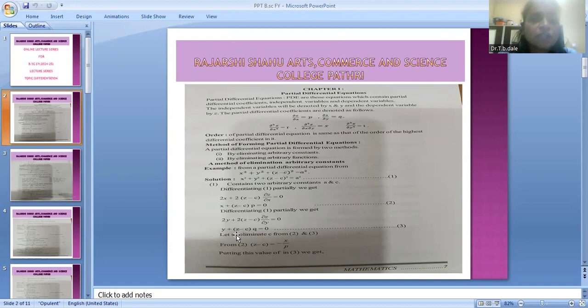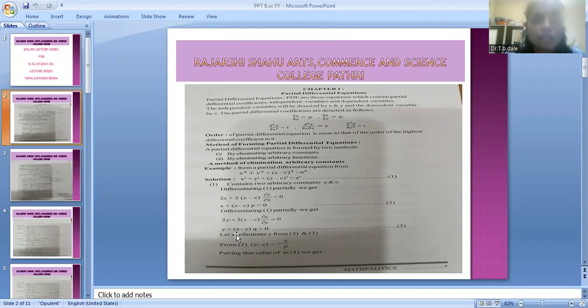In the first method, the method of eliminating arbitrary constants, the first example is to form the partial differential equation from x square plus y square plus (z minus c) square is equal to a square. The solution is x square plus y square plus (z minus c) square is equal to a square.